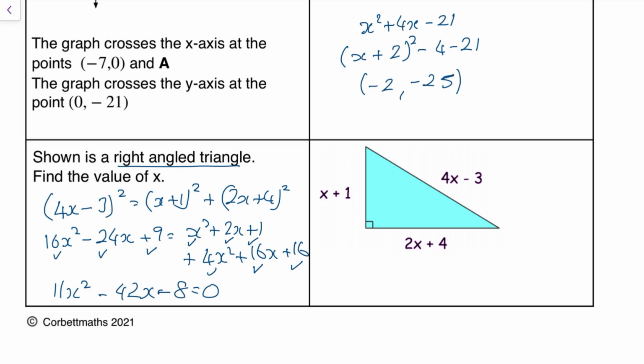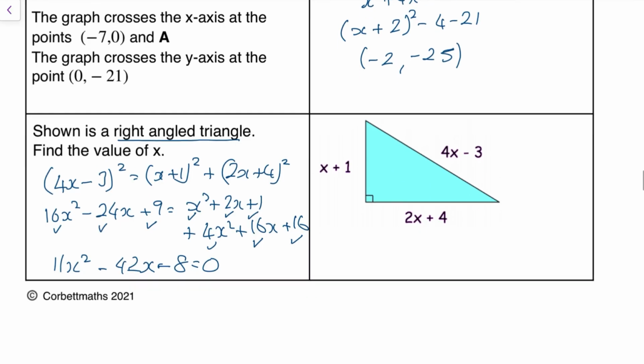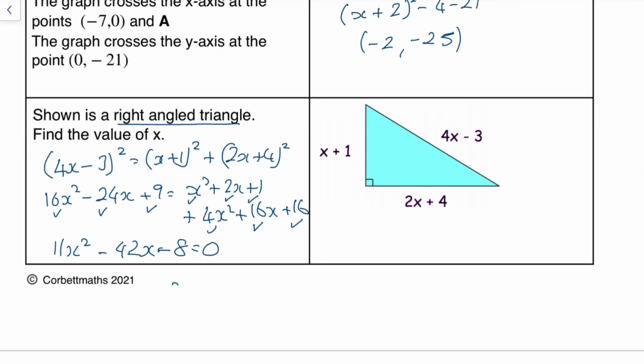Now, I fully suspect that I can factorize this, but I'm not going to. I'm just going to go straight to the quadratic formula. So therefore, x is equal to minus minus 42, which is plus 42, plus or minus the square root of 42 squared minus 4 times 11, God, this is horrible, isn't it? Times 8, which is minus, so it makes this a plus here. And all of that's divided by 2 times 11, which is going to be 22.